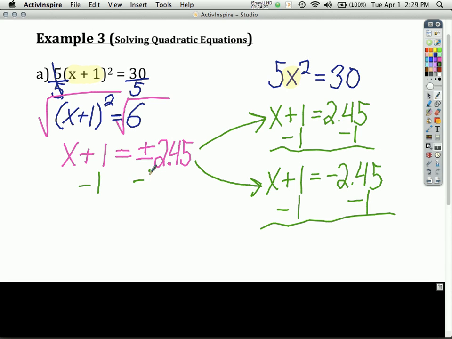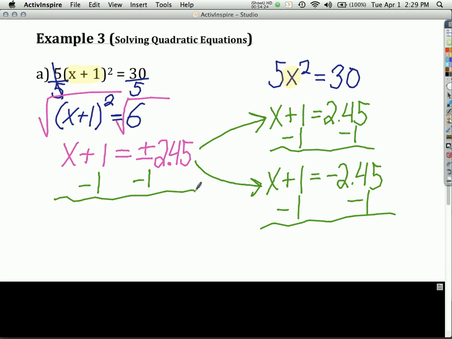Subtract 1 from both sides here, and I just have to know how to write it. This cancels out, and I'm left with x equals negative 1 plus or minus 2.45, and now I just have to do two addition problems. Now I have to do negative 1 plus 2.45, and then I need to do negative 1 minus 2.45.